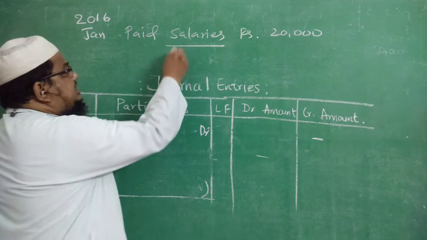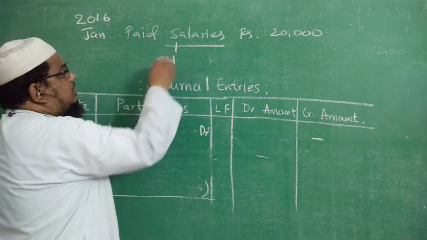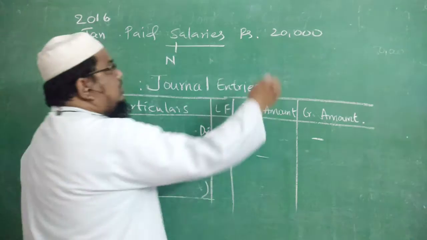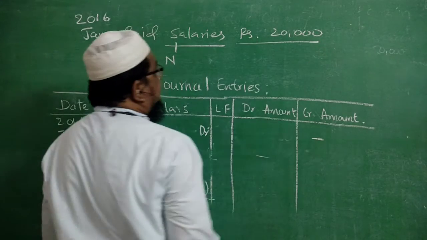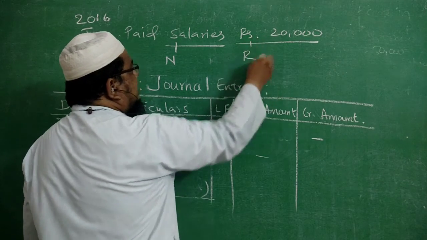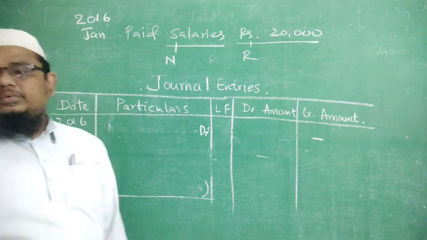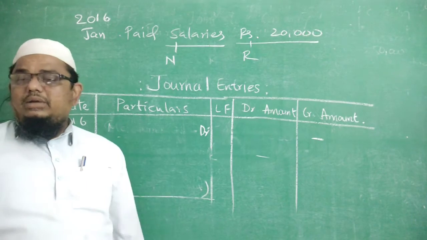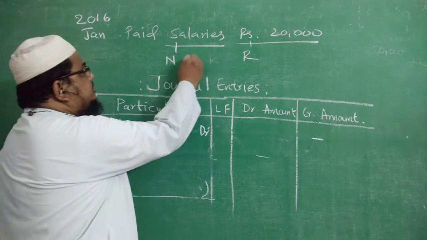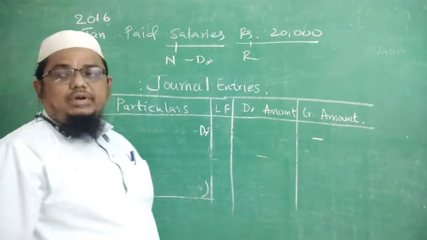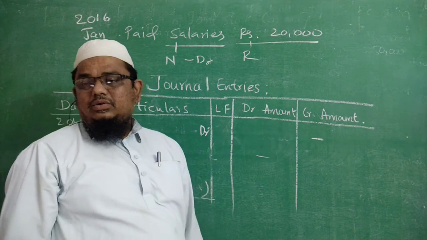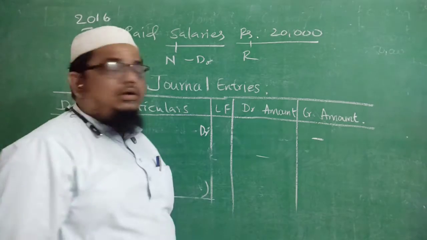So this is expenditure, and expenditure comes under nominal account. And here rupees 20,000 is cash. Cash comes under real account. Okay, nominal account rule: debit all expenses and losses. When we are paying salaries, cash is going out of the business.